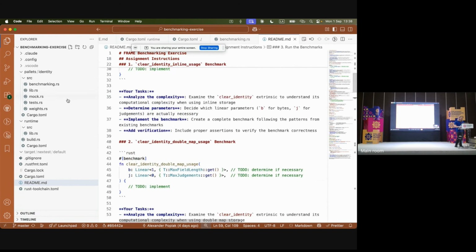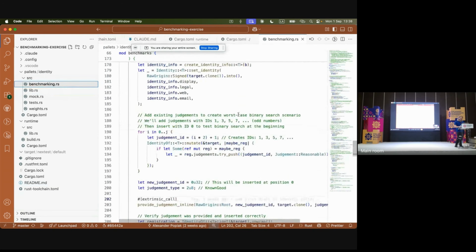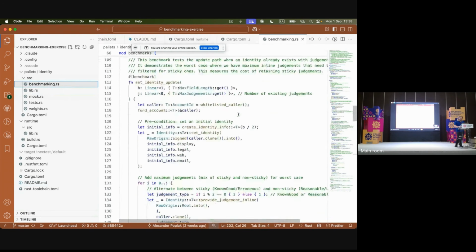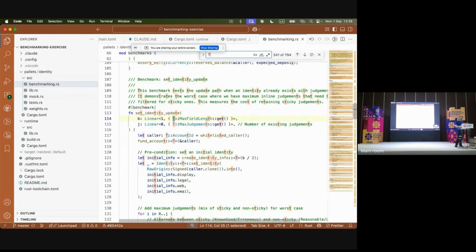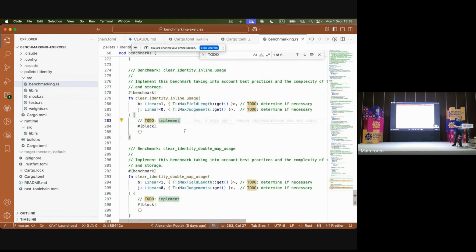So for that, we will go into the identity pallet, into the benchmarks. And then you can look for the to-do, right? And then we have these. A thing about this is I decided to make it not quite production ready in order to illustrate something.